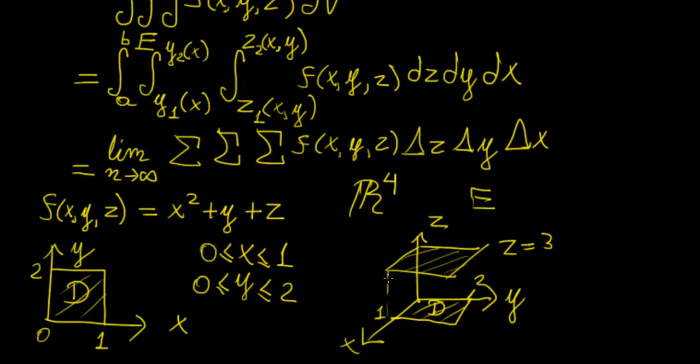Our volume is going to be enclosed by these two. So z is going to go from 0 to 3. This is going to be the volume that we will call E. And now we can set up limits for z. This is just going to go from 0 to 3.